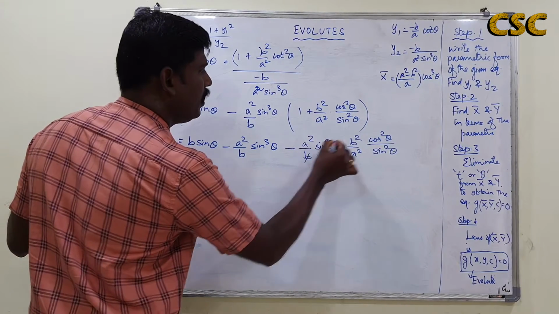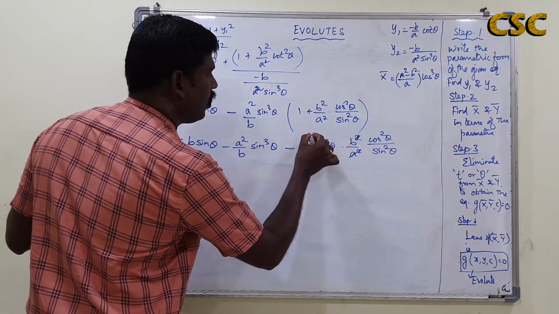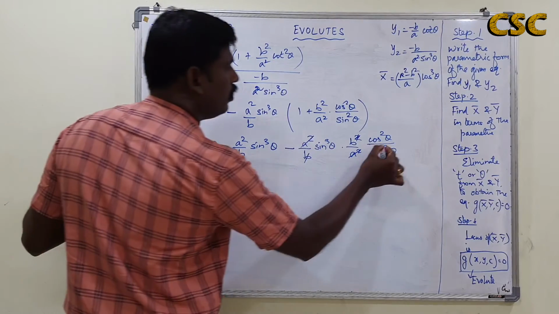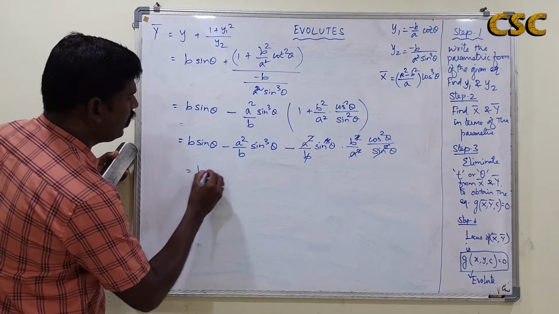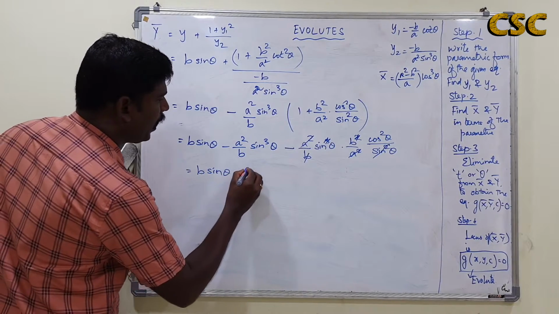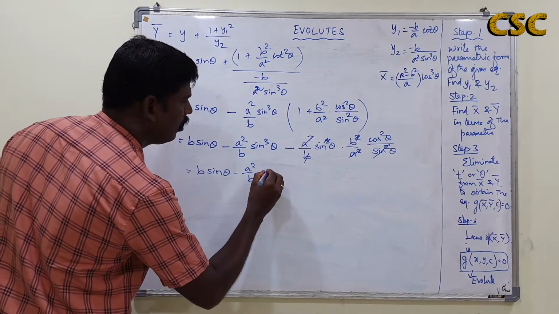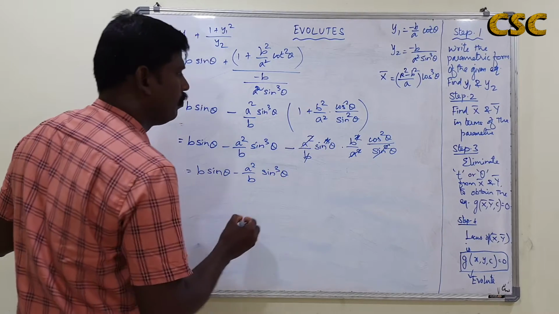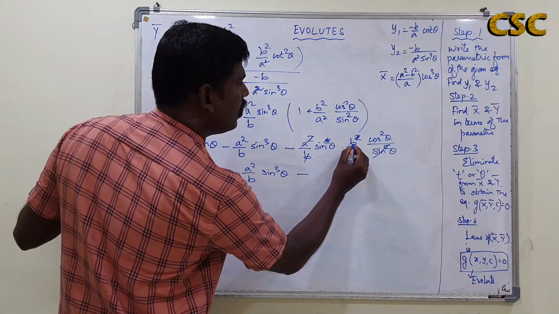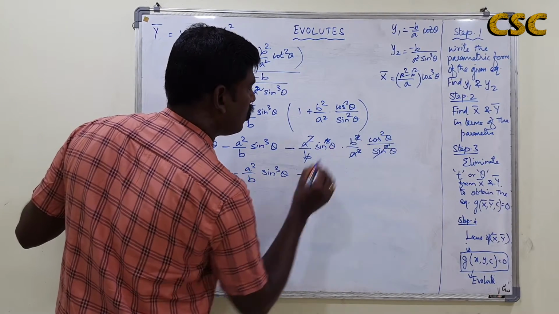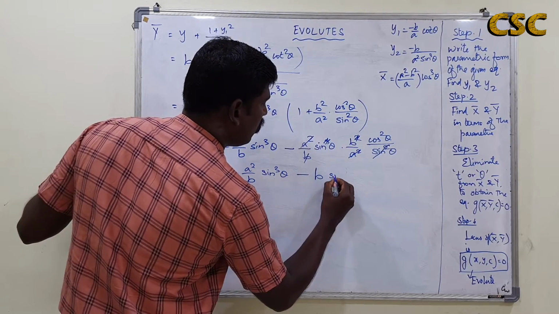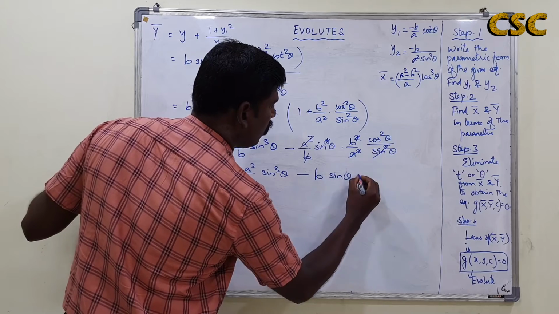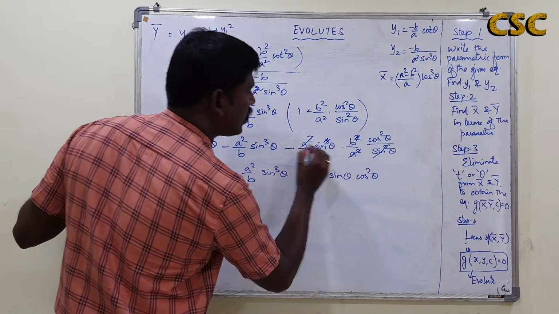Can we simplify this b with b square? Similarly, a square with this a square, this sin square with this sin cube theta. So what is remaining? b sin theta minus a square by b sin cube theta minus b sin theta cos square theta, isn't it? Actually write it b sin theta and cos square theta. a is completely eliminated.